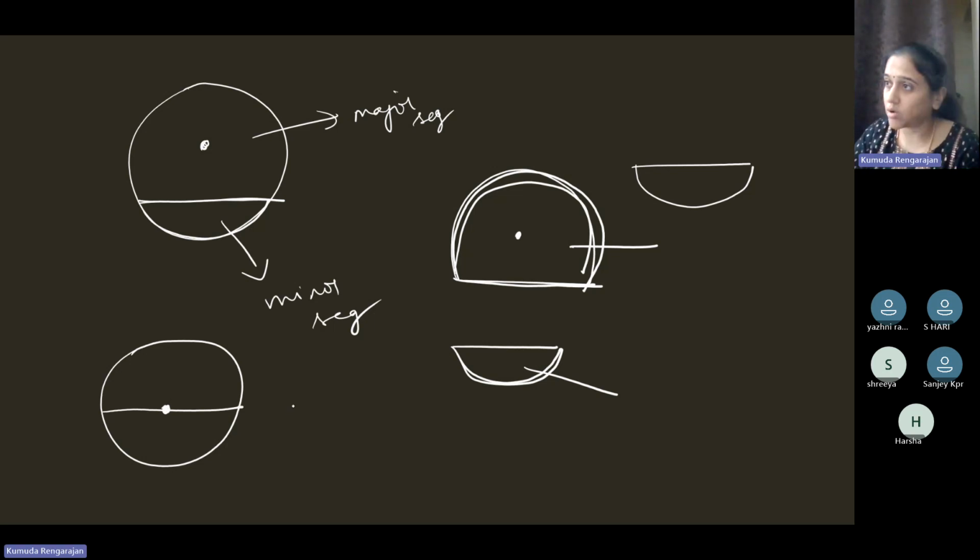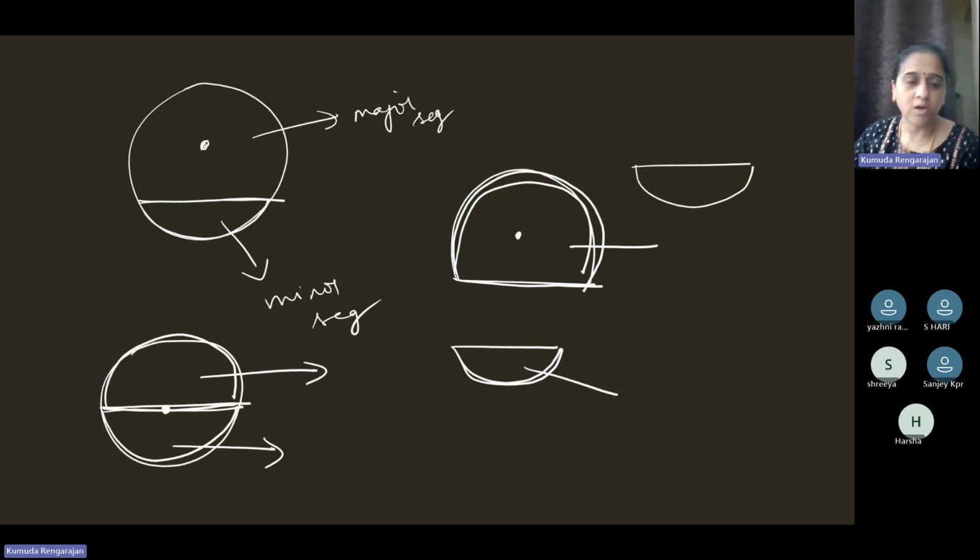So, this one and this one are segments because they satisfy the definition: chord and an arc. Now the center lies on the chord, so you cannot say this is minor, this is major. So each one is called a semicircular region.